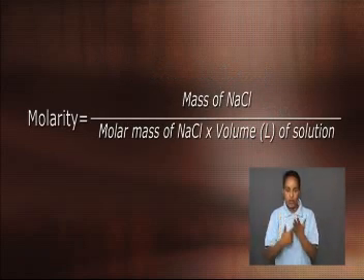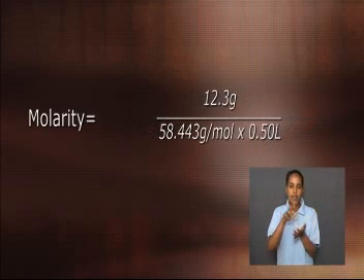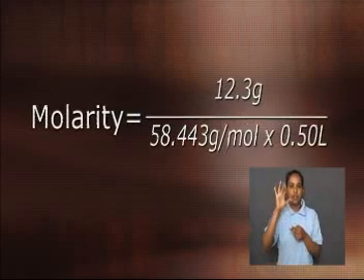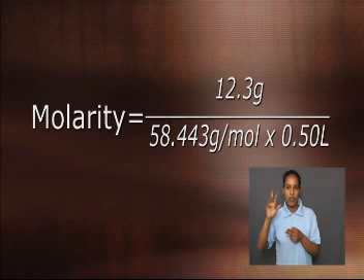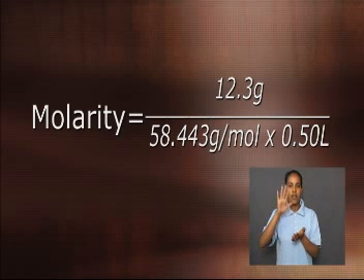Therefore, we divide 12.3 grams by 58.443 grams per mole multiplied by 0.5 liters.